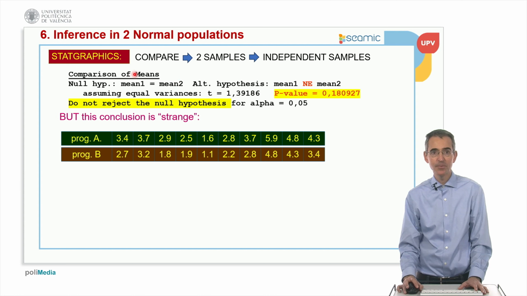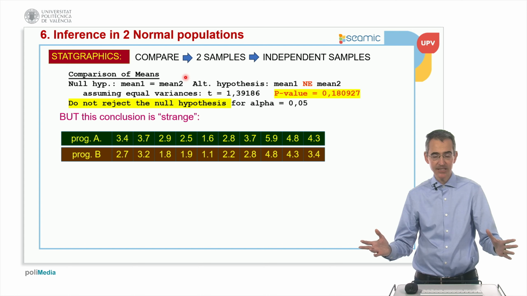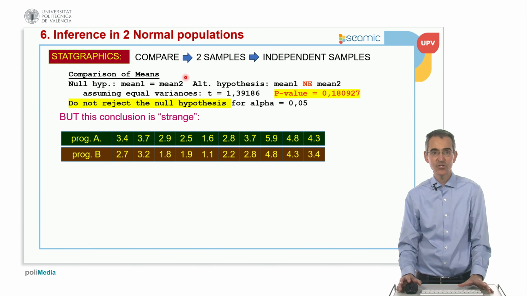The statistical calculations say that it makes sense to assume both means as equal, but it is strange because this value is higher than 2.7, 3.7 is higher than 3.2, this is higher than that, this is higher than that. So all values from program A are bigger than the corresponding values of program B. How is it possible that based on this result we cannot reject the null hypothesis?